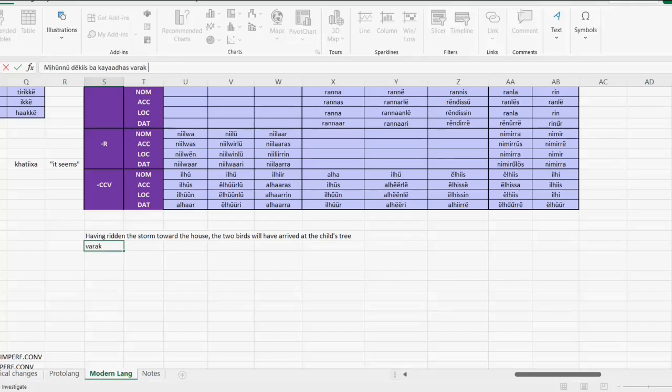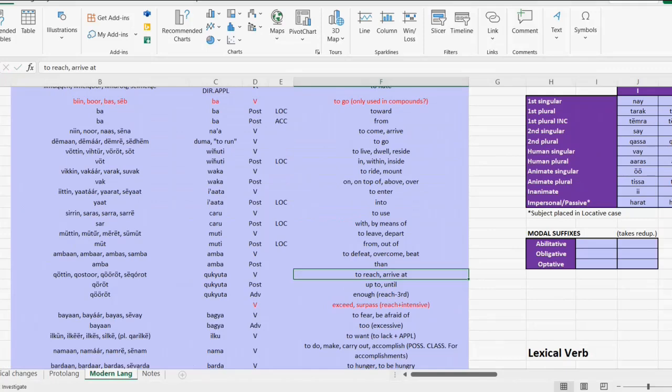Okay, now we come to will have arrived. So we could either use this word that means to come, and then, since that's intransitive, the noun would need to be in the locative. Or we can use this form that means to reach, and that one is transitive, so the noun can just be in the accusative. You know, why not both?